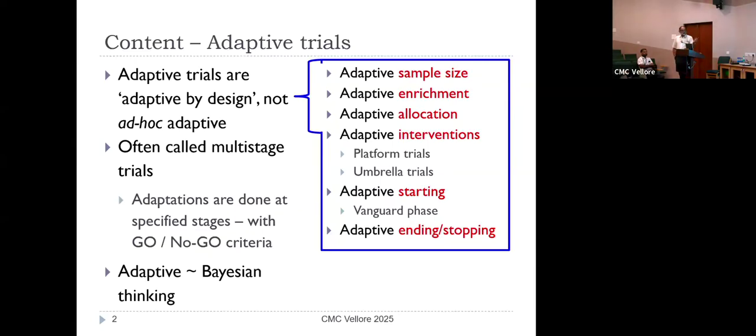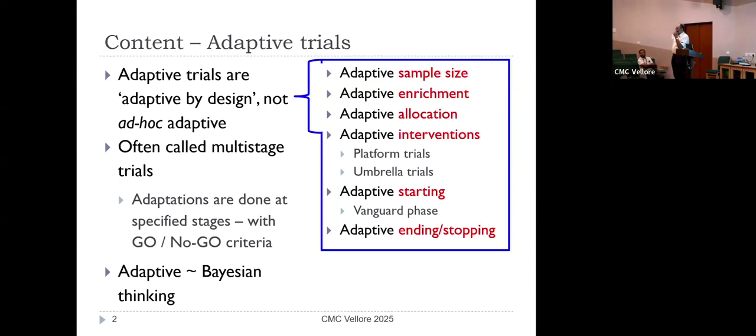And so those are specified stages, and you will have a go or no go to the adaptation at that stage based on this, or that. And so you have to specify in the protocol what is going to be the criteria for go or no go, okay? The adaptive design concept is basically thinking in a Bayesian way, okay?